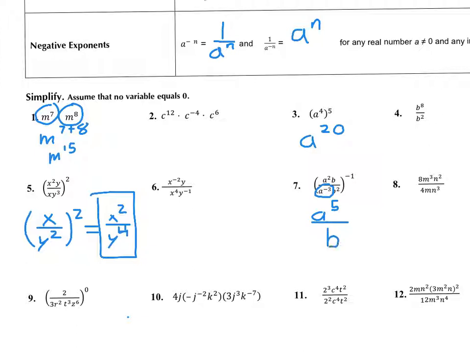So the bottom has an extra b. And a shortcut, whenever the exponent is -1, all that means is flip it upside down. So whenever the exponent is -1, you can just take the reciprocal of what you already have.